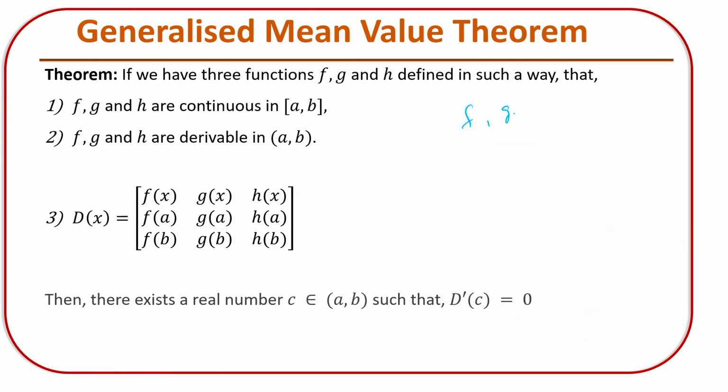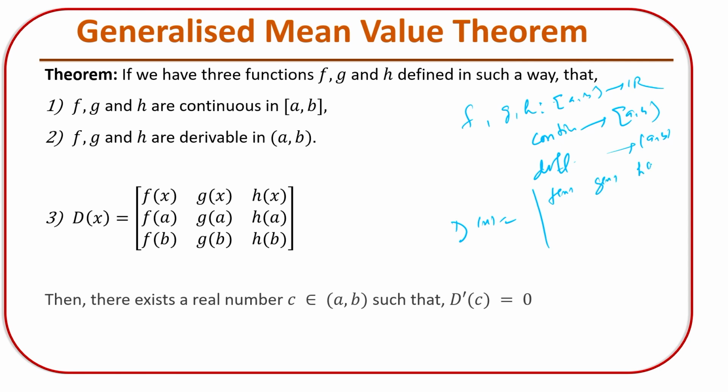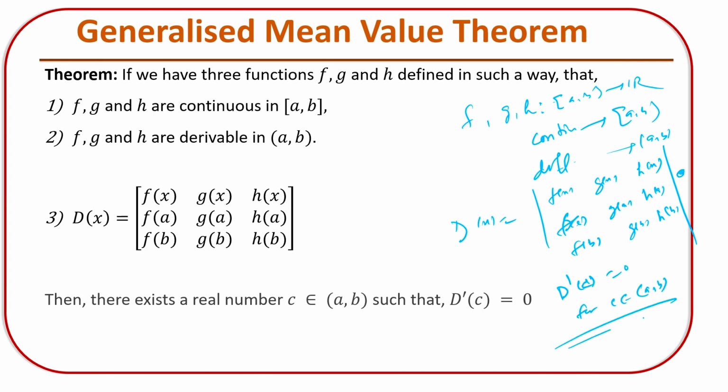If you have f, g and h from [a, b] to R as real valued functions which are continuous in the closed interval [a, b] but differentiable in the open interval (a, b), and if we define D(x) as the determinant with rows f(x), g(x), h(x); f(a), g(a), h(a); and f(b), g(b), h(b), then D'(c) is equal to 0 for some point c lying between a and b, right.